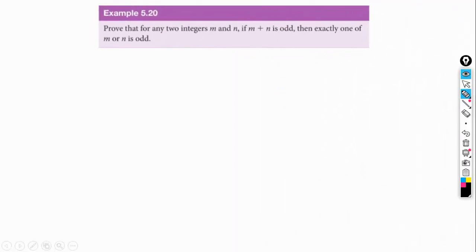So next we have example 5.20, and it says, prove that for any two integers, m and n, if m plus n is odd, then exactly one of m or n is odd.